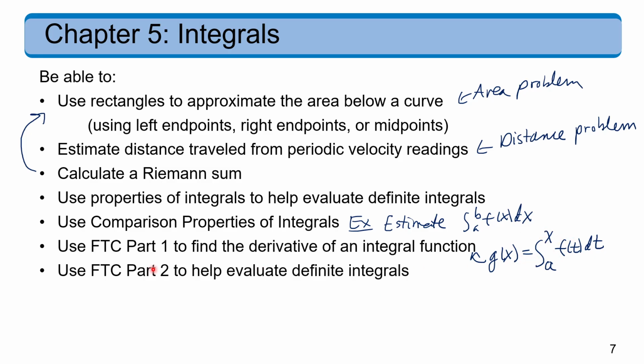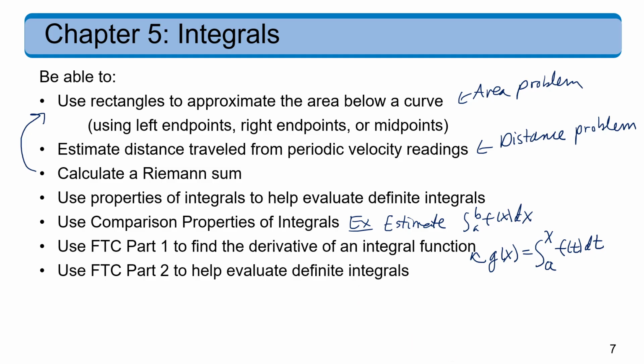And then the fundamental theorem part 2 can be used to help evaluate definite integrals. This will be extremely useful to you as you go forward into Calculus 2. It makes it much easier to evaluate many integrals.